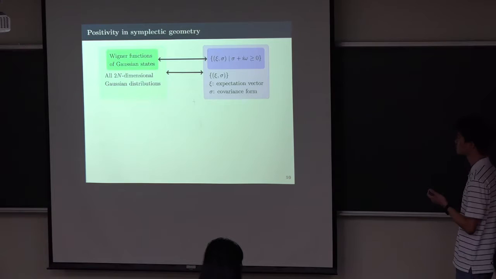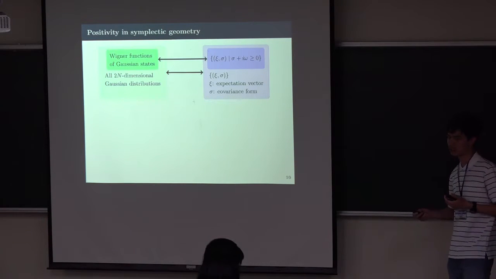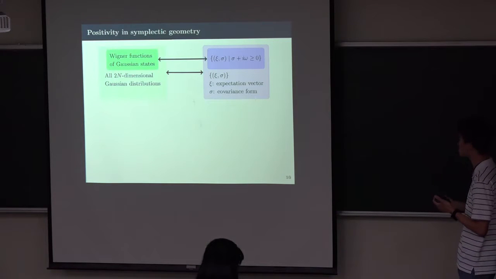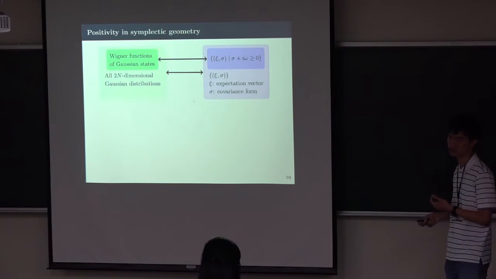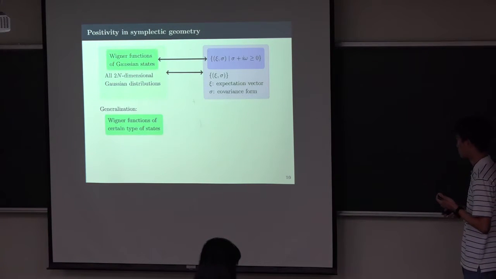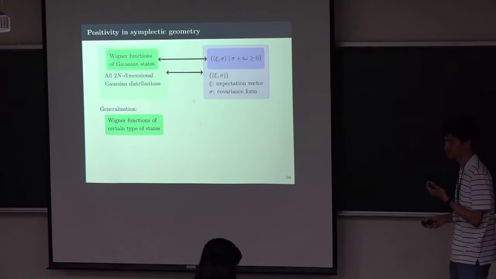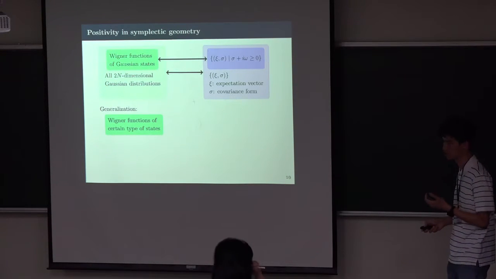And next we want to generalize this procedure to other kinds of states. But unfortunately, this procedure doesn't work for any kind of continuous variable state. So instead, we just consider some special type of states that have some desired properties.